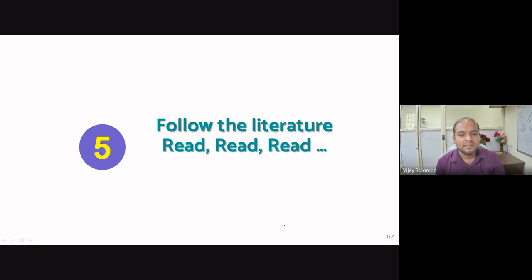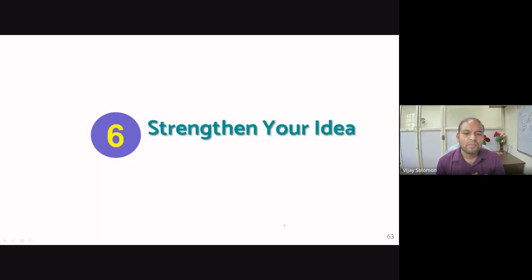Follow the literature. My suggestion is read, read, read. Without reading anything, don't propose it. Without reading anything, don't think about writing anything. Without reading anything, don't have any idea about writing a review article. Reading is a must. Strengthen your idea with the reading.